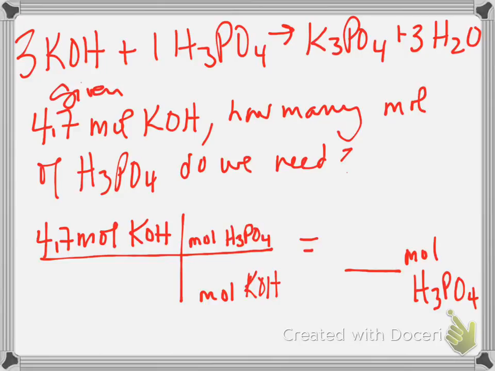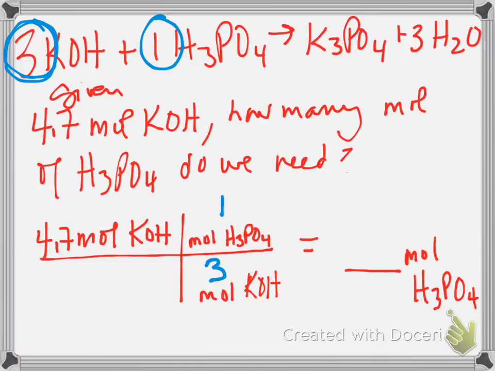Now, where do we get our number values to put in there? It's our mole ratio! So, whatever number is your coefficient in front of potassium hydroxide is what's going to go down there. And whatever number is in front of your phosphoric acid, which I put the 1 in, I don't usually do that, I don't know why I did that, is what's going to go there.